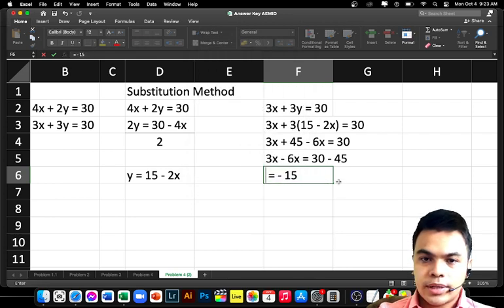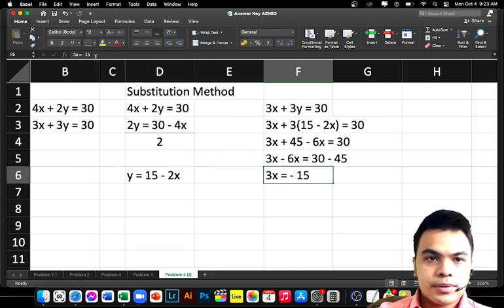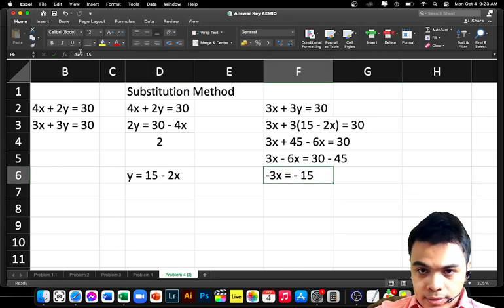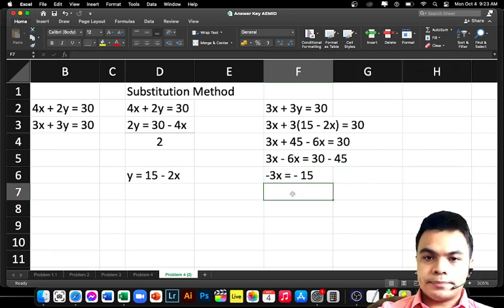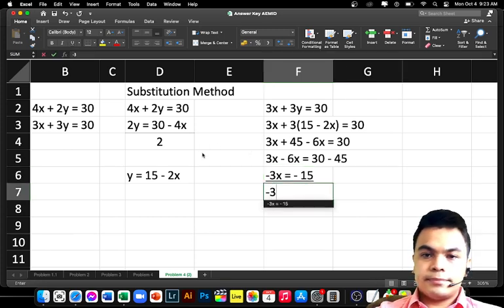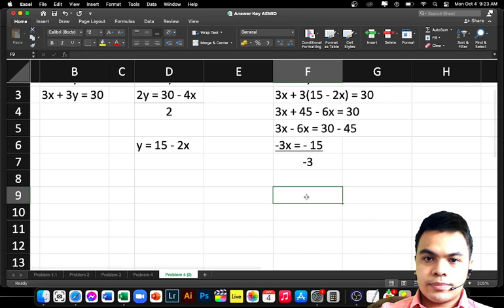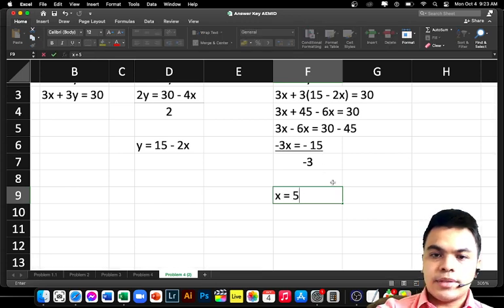Okay. Alright. So, we divide both equations by negative 3. Okay. So, our x is, ayan, x is equal to negative 15 divided by negative 3 is positive 5.